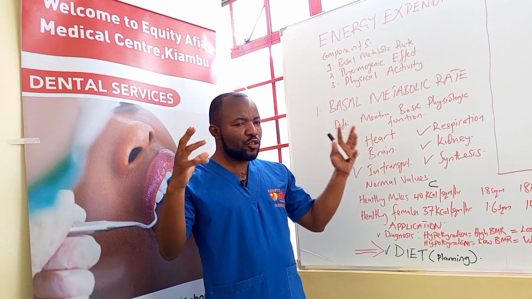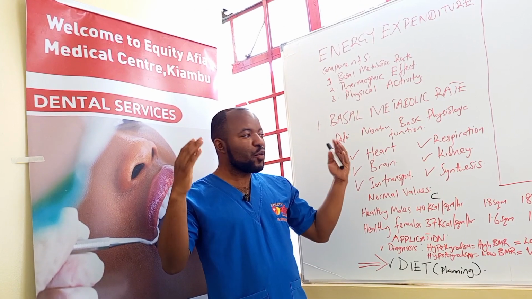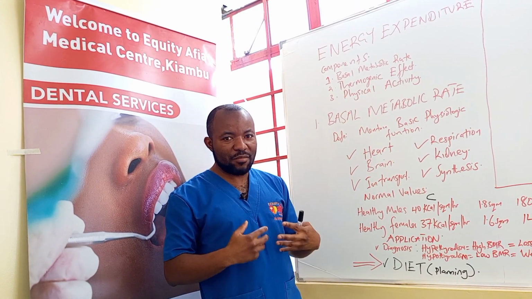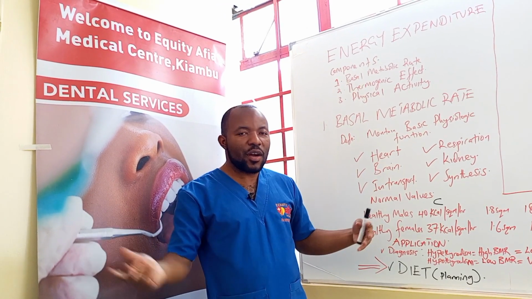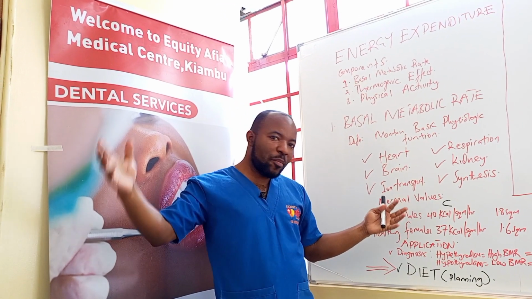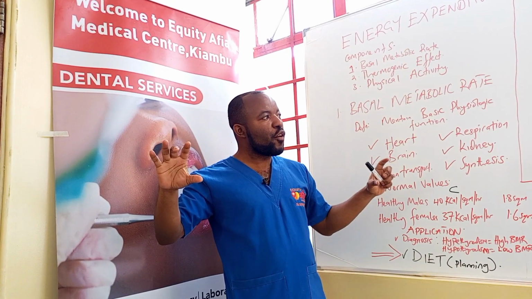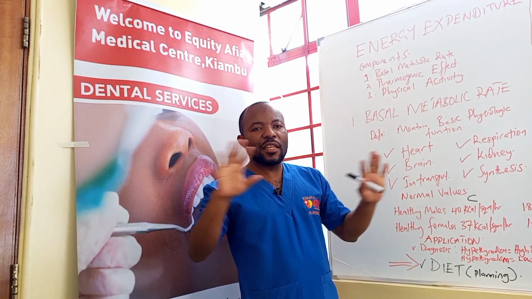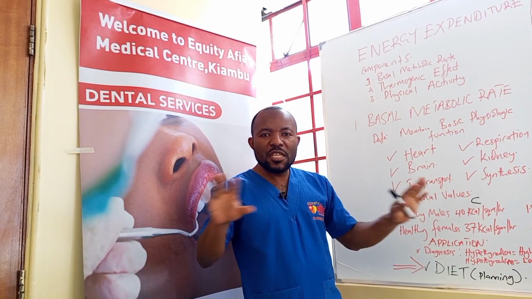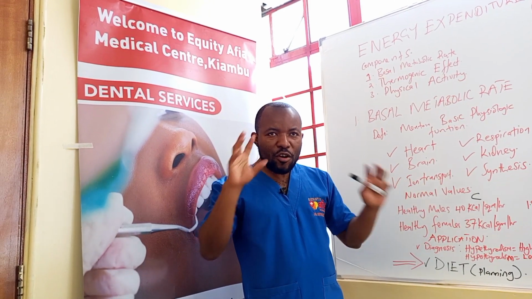You're beginning to calculate now how we spend the energy we take in. You take in 1 kilogram of ugali across 3 meals in 24 hours: breakfast, lunch, supper. That is only the ugali, not considering the protein, the meat, the fats you have taken, only the carbohydrates.